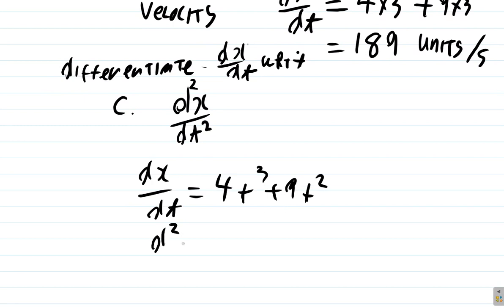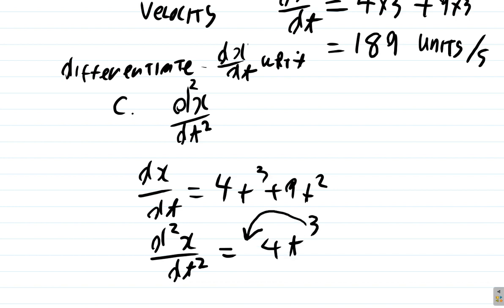So d squared x by dt squared is equal to, for 4t cubed, we bring down the 3 and multiply, so 3 times 4, and subtract 1 from the old power to get the new power.